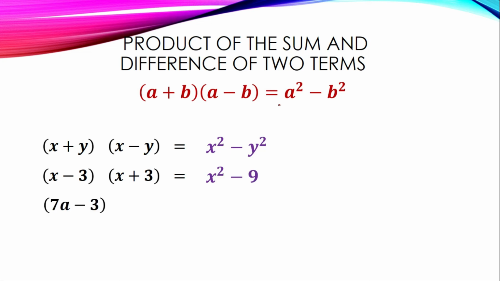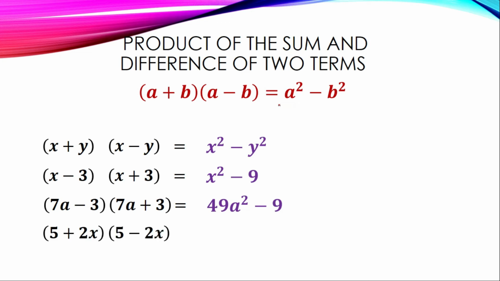We have also 7a minus 3 times 7a plus 3. So, using that rule, we have 49a squared minus 9. And then, if we have 5 plus 2x times 5 minus 2x, your answer is 25 minus 4x squared.